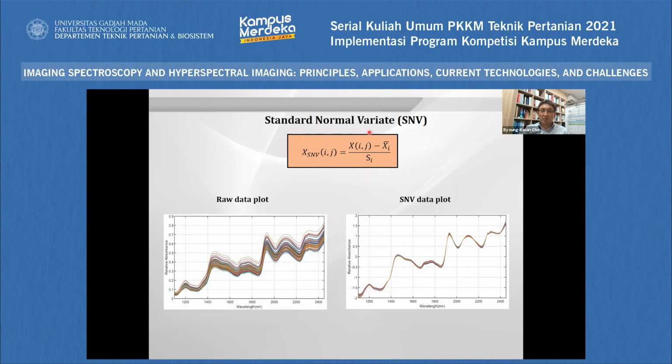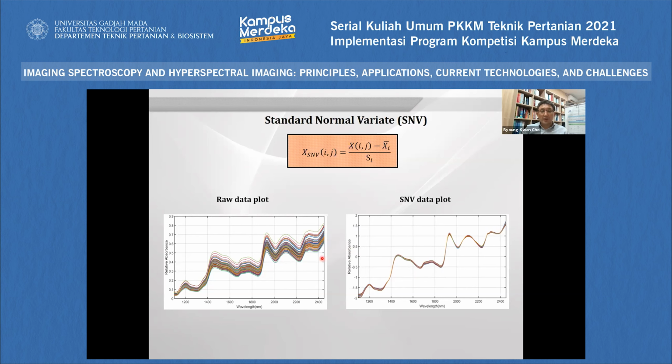Standard normal variate. This is a very simple equation. S means standard deviation of a spectrum, and X bar is the average spectrum. X is raw data. Using this simple equation, we can reduce the scattering variation like this one.